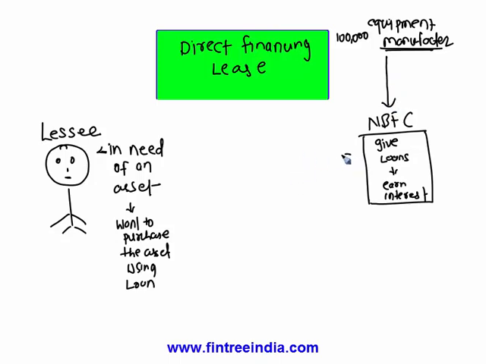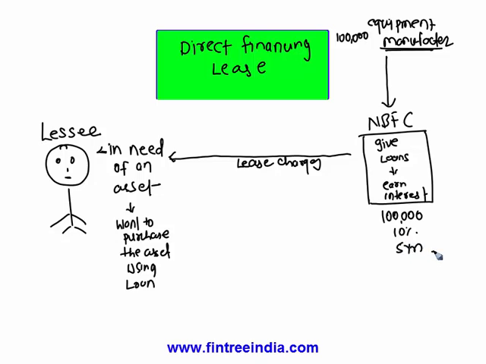Then it will take that asset and give it to this lessee in the form of lease charges. So the NBFC will buy the asset and then give it to the lessee in the form of rent. And let us assume that this NBFC would like to charge interest at the rate of 10%. So let's find out how much is the installment for 5 years.